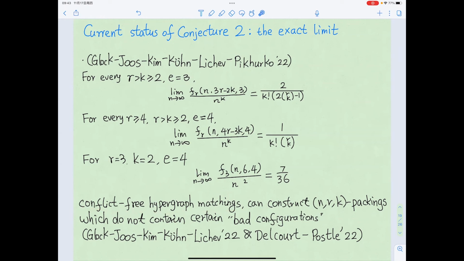Using this method, they can construct (n, r, k) packings which do not contain certain bad configurations. This tool was developed by this set of authors, and basically they can solve conjecture 2 for e equals 3 and e equals 4.